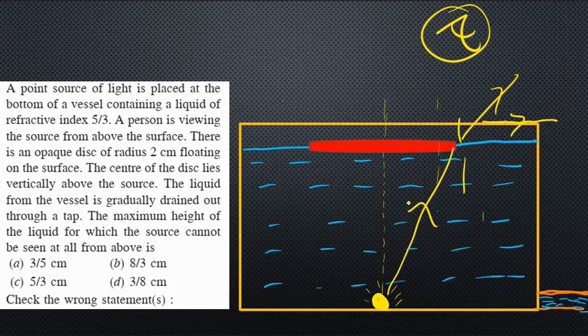The water will go out from the vessel, so the height will go down. At a certain point the opaque disc will be able to cover all the rays going out of the water. So they are asking us to find this height.